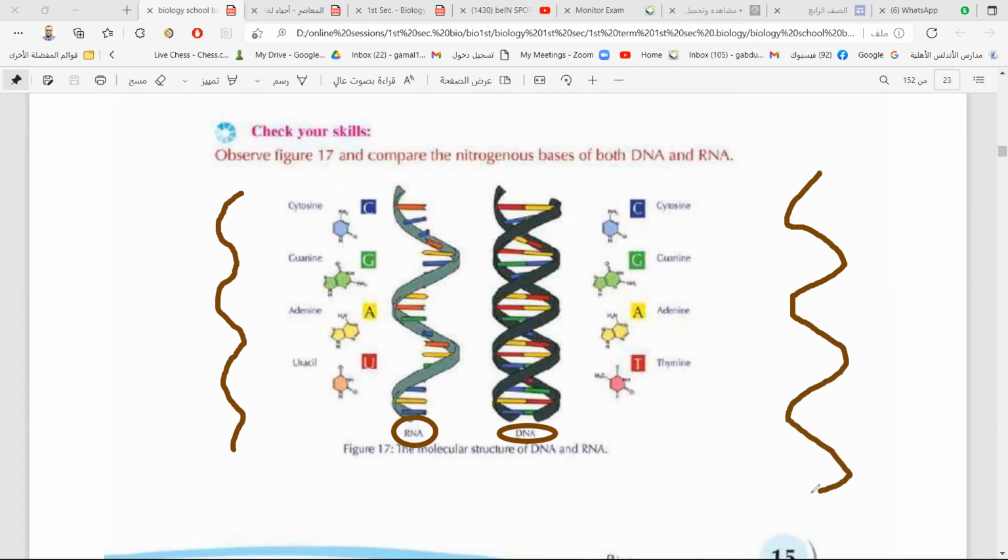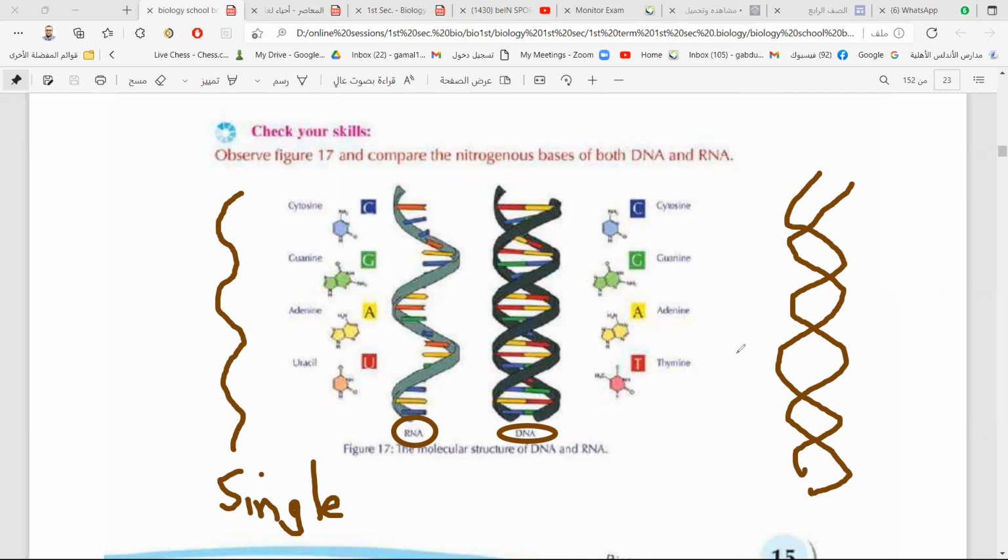It's called a double helix. DNA is double, but RNA is single. This is the first difference between DNA and RNA.